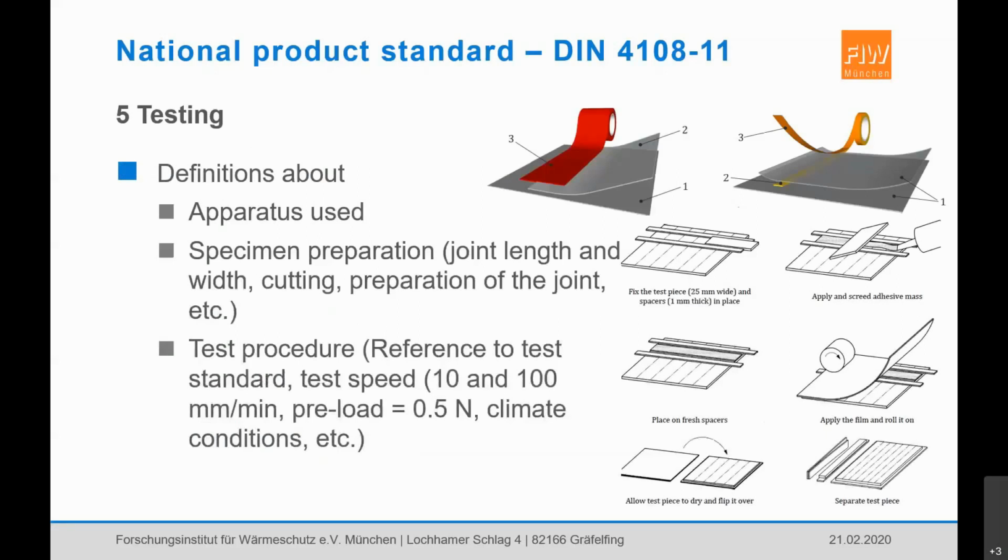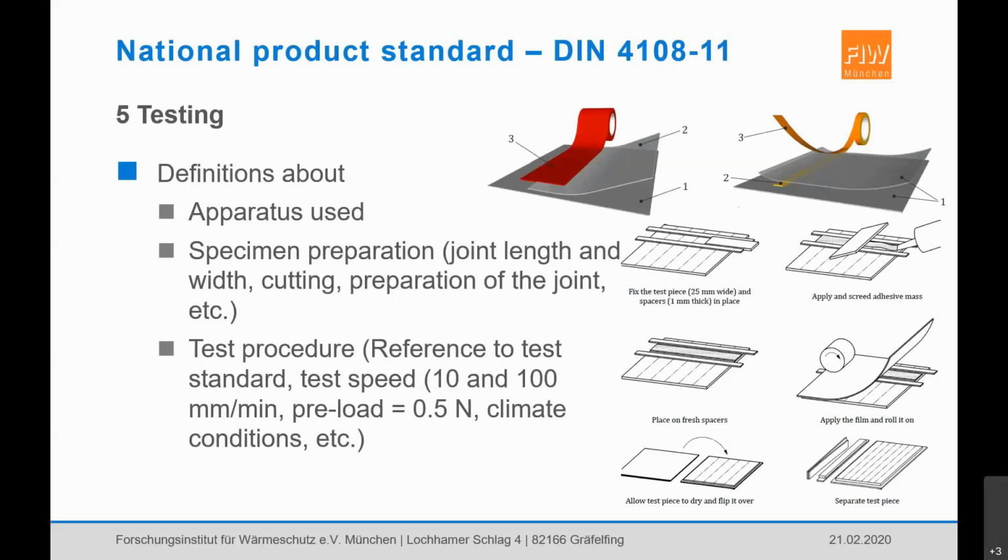Another important issue is the definitions of the test methods itself. Not everything is covered by the test standard, so that's also a point why it's important to have a product standard that gives more specific information on how to perform tests. As an example, we found out during the work that the preparation of the test specimen has a great impact on the test results.